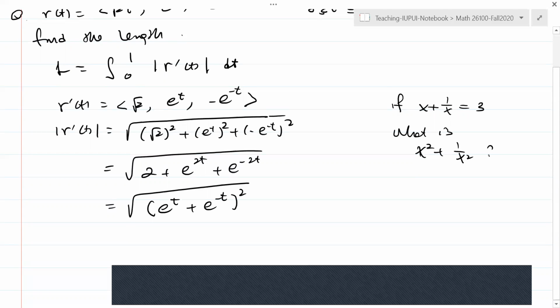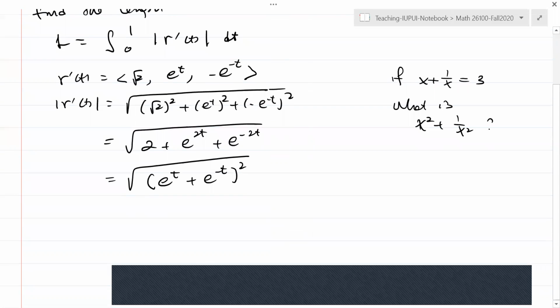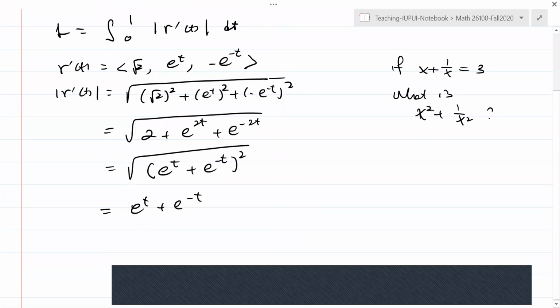So you needed to square it, and then you find that x times 1 over x gives you 1, so twice that is 2. The product of those two terms is going to be 2. Similarly here, because e to the 2t and e to the negative 2t are just opposite to each other, you can get rid of the radical. This looks great. So the length of the tangent vector is going to be this.